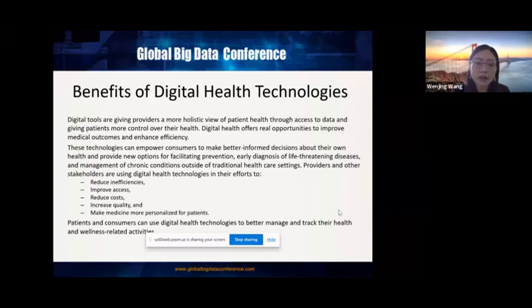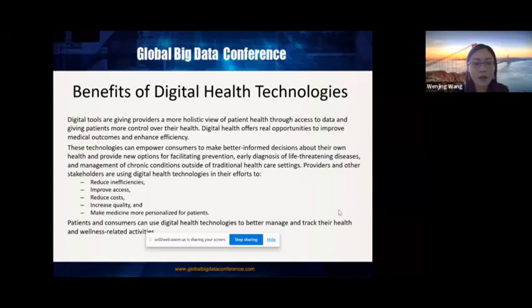They can empower consumers to make better informed decisions about their own health and also provide new options for facilitating prevention, early diagnosis of life-threatening diseases, and management of chronic conditions outside of traditional healthcare settings.